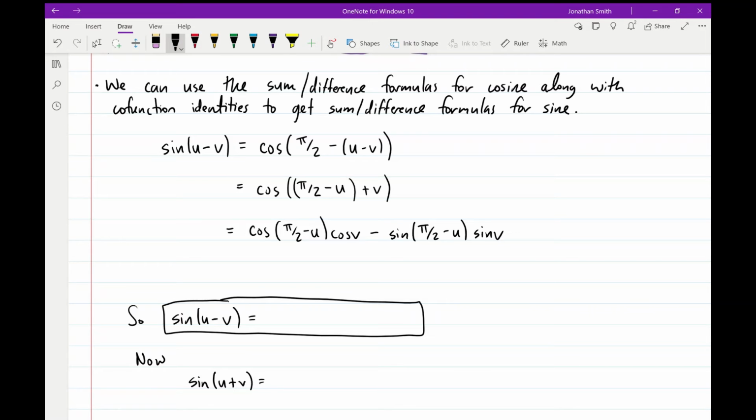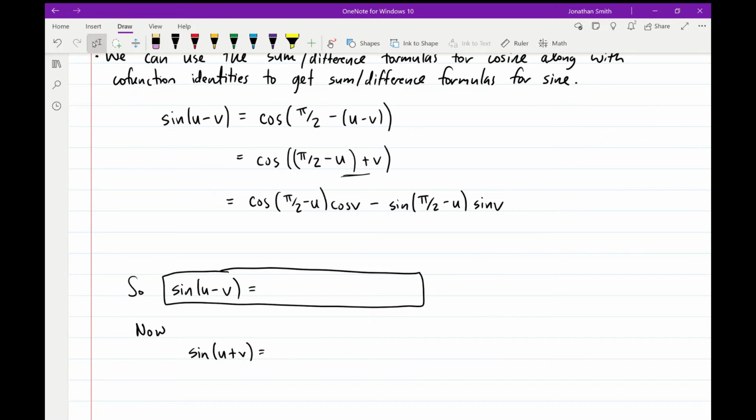And again, this is the formula for the addition of angles inside of the cosine function that we developed at the beginning. But finally, we can use the cofunction identities again. So cosine of (pi over 2 minus u) is now going to become sine u, cosine v stays the same, and sine of (pi over 2 minus u) becomes cosine u, and sine of v stays the same here.